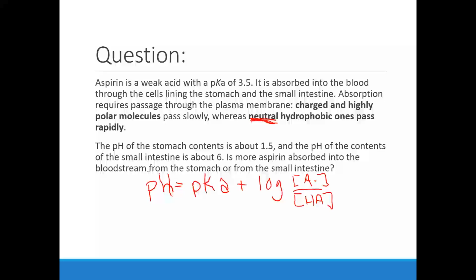Okay, so in something like the stomach, our pH is 1.5. The pKa for aspirin is 3.5. And we don't know the concentrations of these two, but we can see how different pHs will affect the concentration of the A minus over the HA.